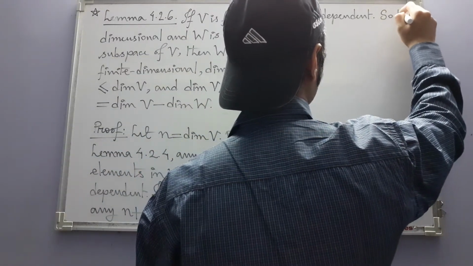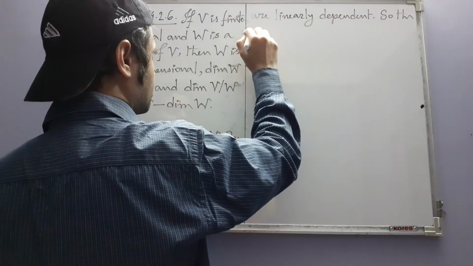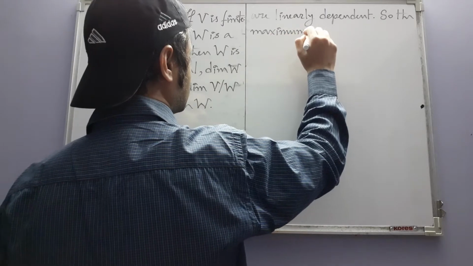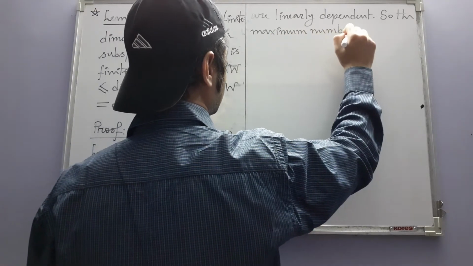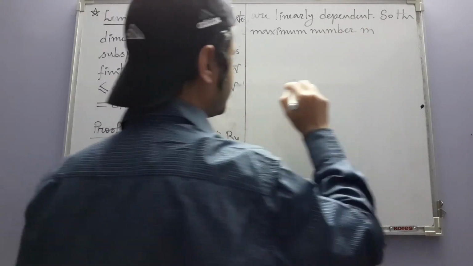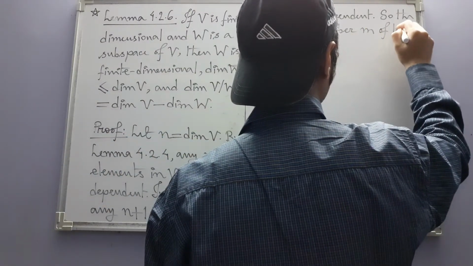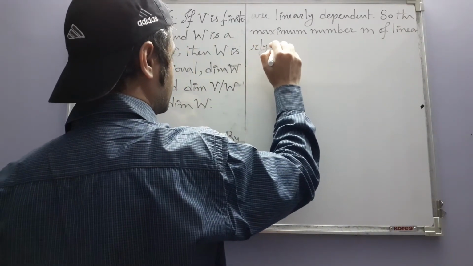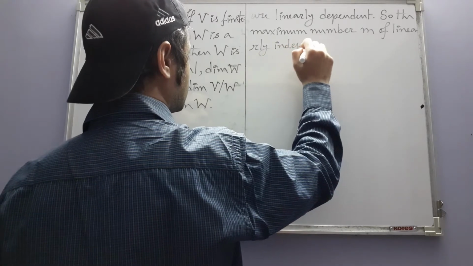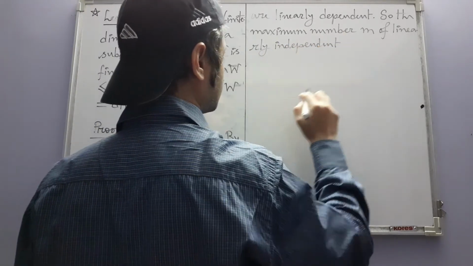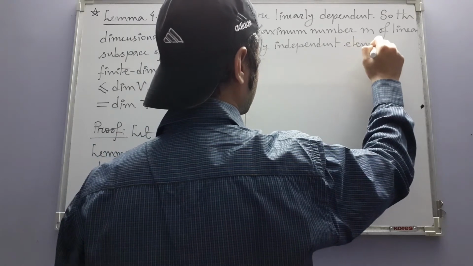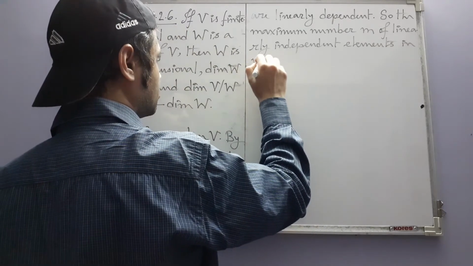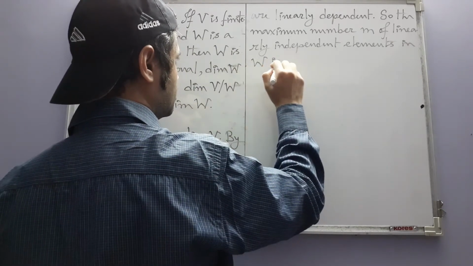So the maximum number M, say, of linearly independent elements in W is finite.